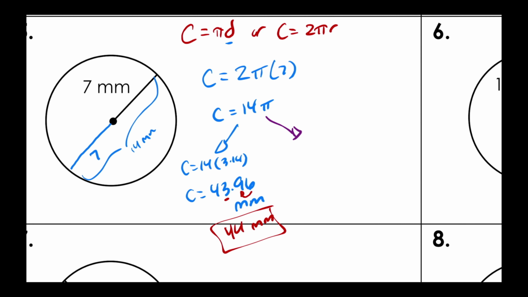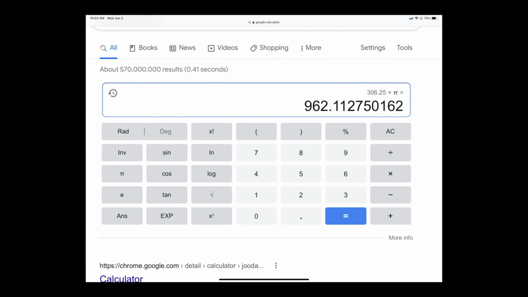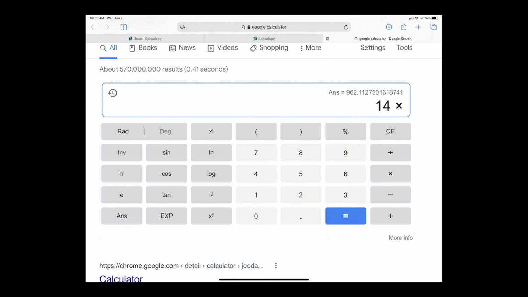That's fine. If you are a student who likes precision, circumference equals 14 times pi. So you would go to your handy dandy calculator and say 14 times the pi button and hit equals.